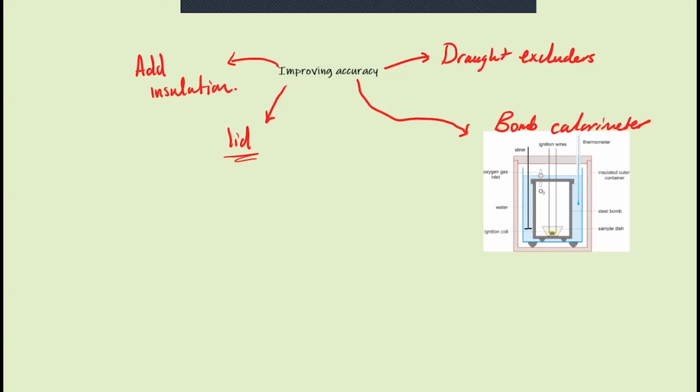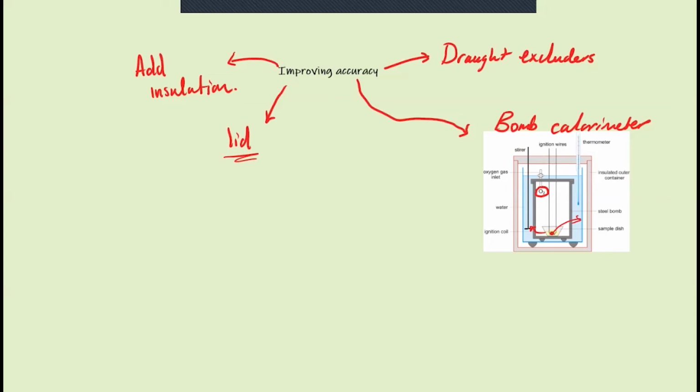That reaction in the center here will release heat to the surrounding water, and we have a stirrer to get a uniform temperature change, a uniform distribution of the heat, I should say, energy. Something worth considering here is that it's done under excess oxygen, so we make sure we have complete combustion during any reaction, so we don't have any incomplete combustion. It's also done under a constant pressure as well.